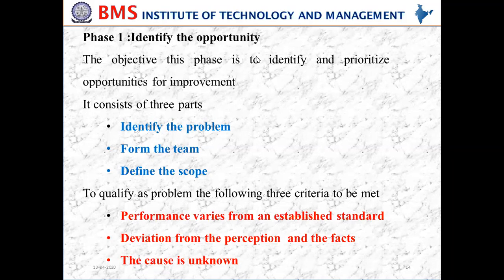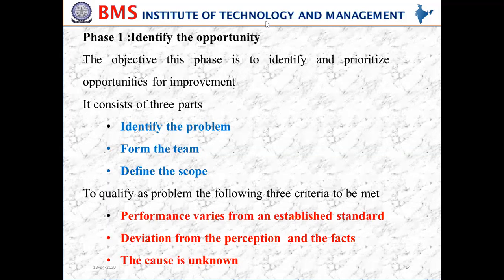If the performance varies from the established standard, meaning the process or product is not performing up to the standard, then there is a quality problem.